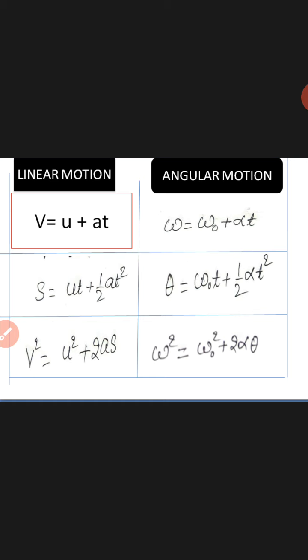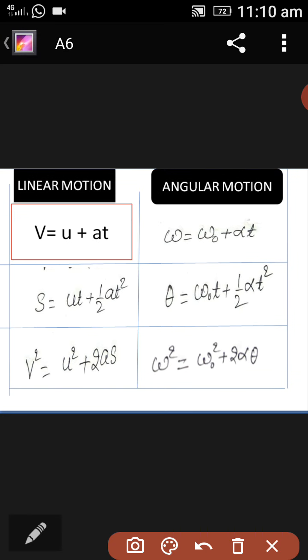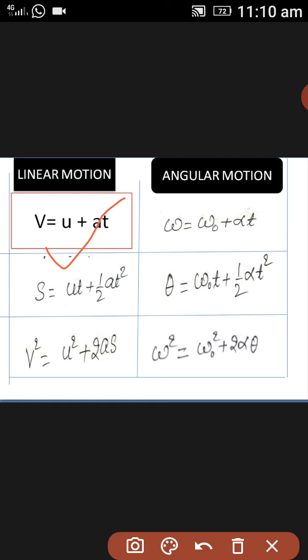Now we see the linear motion, different types of equations of motion. v is equal to u plus at. v is the final velocity, u is the initial velocity, a is the acceleration, t is the time. Here, in the case of angular, omega is the final angular velocity, omega naught is the initial angular velocity, alpha is the angular acceleration, t is the time taken.